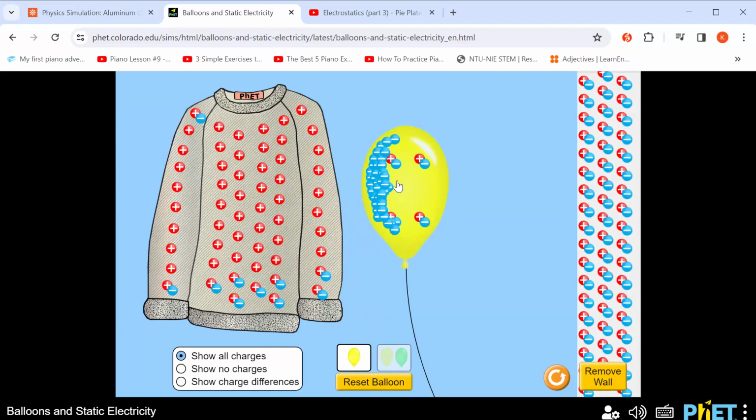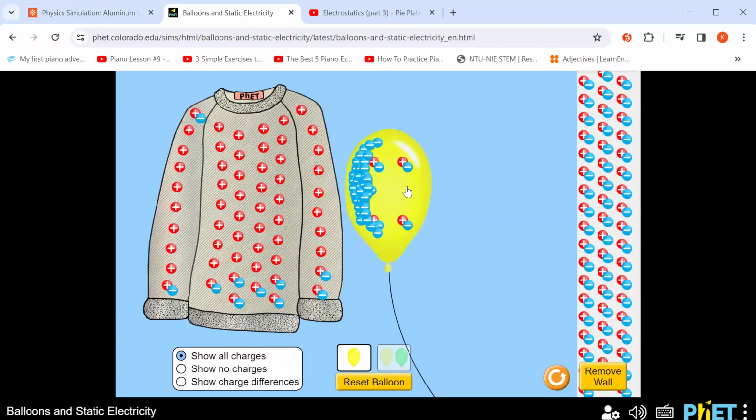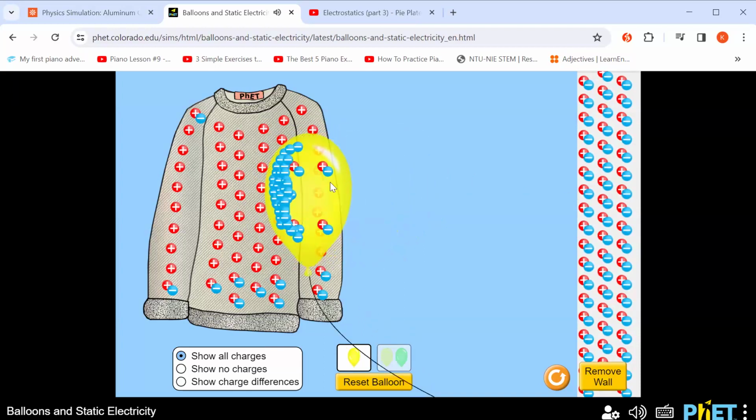So the balloon now has more electrons, it becomes negatively charged, while the sweater loses electrons and becomes positively charged. So if I were to release this balloon now, what's going to happen? You will see that the balloon will get attracted to the sweater because they have unlike charges now.